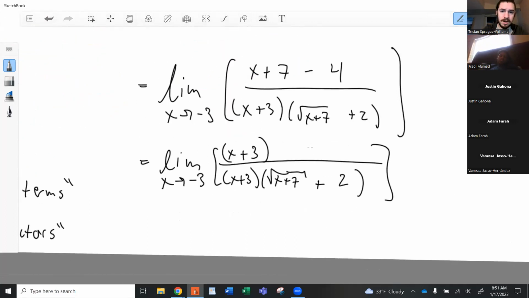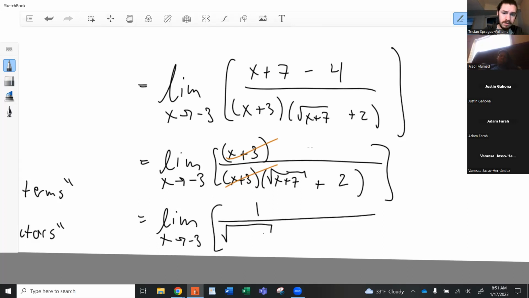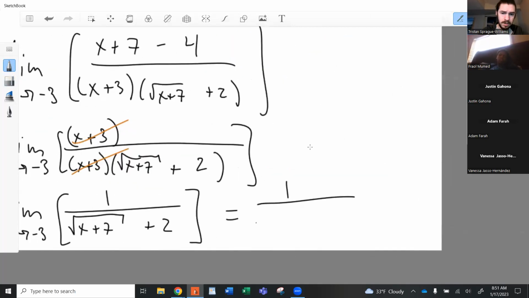All right, so let's get in there. Cancel those. And then what's left after canceling is 1 over this square root of x plus 7 plus 2. Now that we've canceled the x plus 3, let's try direct substitution again. 1 over the square root of negative 3 plus 7 plus 2.